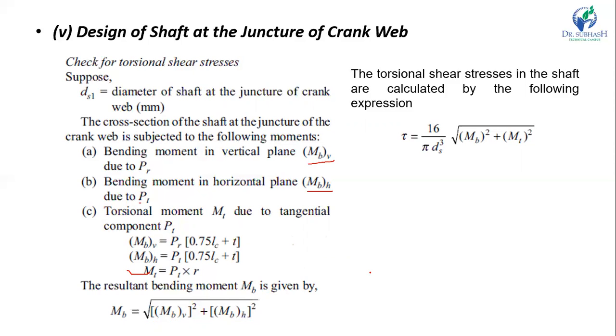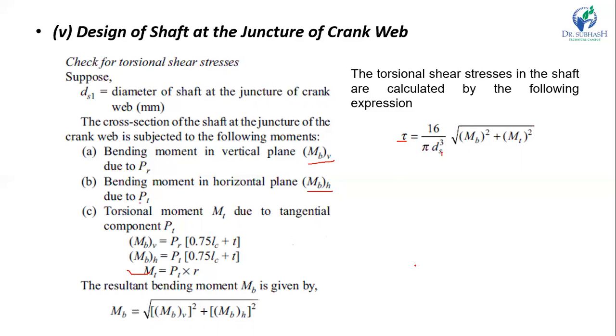The torsional shear stress in the shaft is calculated by this equation: tau is equal to 16 upon pi DS1 cube into root of MB square plus MT square, where tau is the allowable shear stress. In this way you can design the shaft.